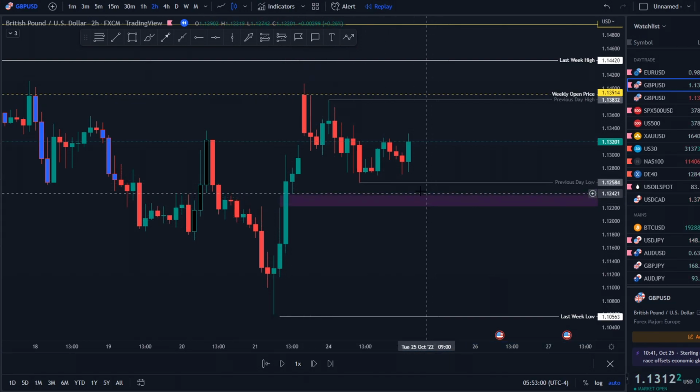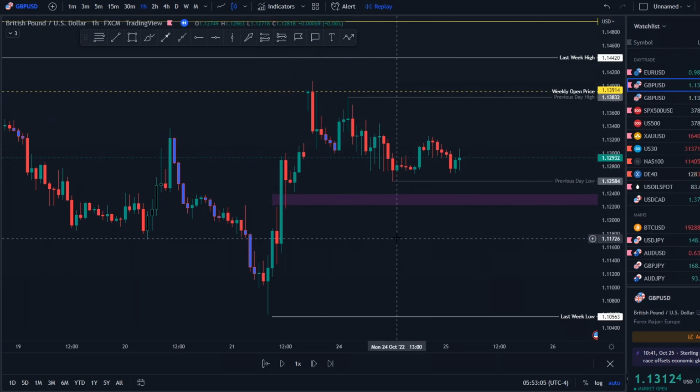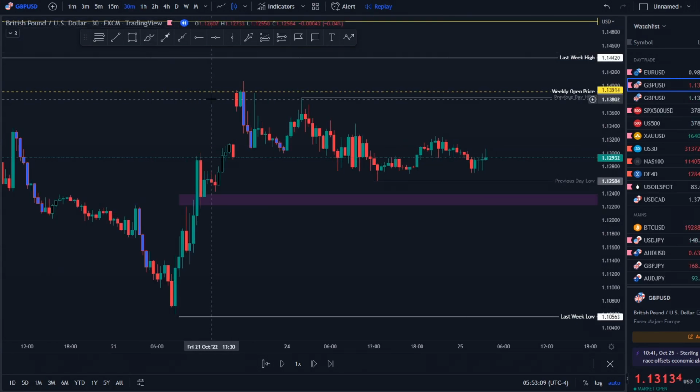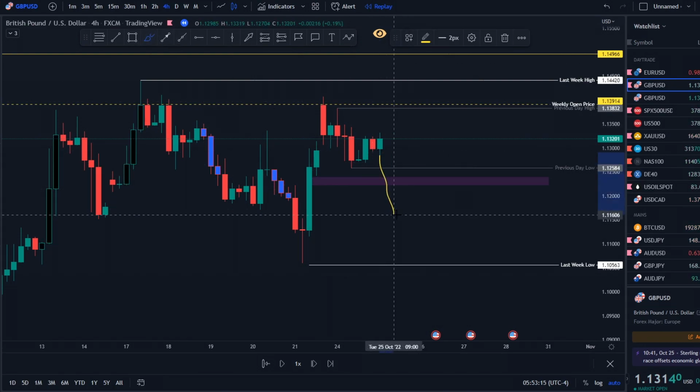There's a fair value gap here. And also, there's nothing on the 1 hour. So I was thinking we have a good chance to just go down, grab some liquidity and then spike up. Didn't happen.